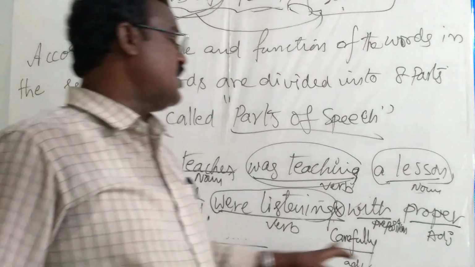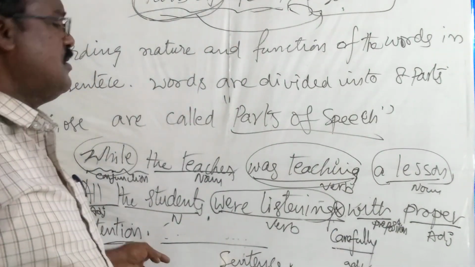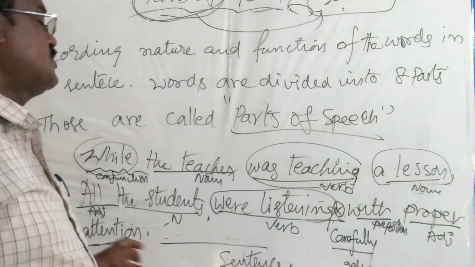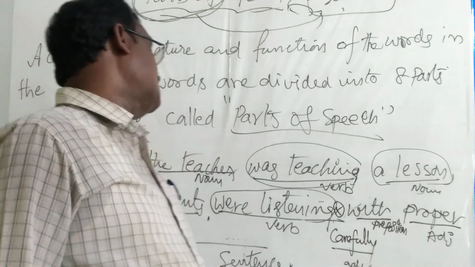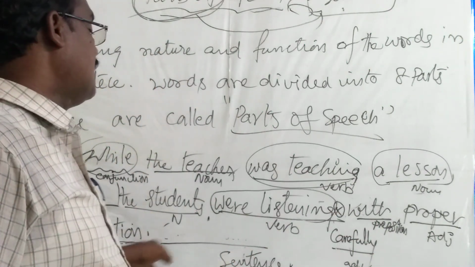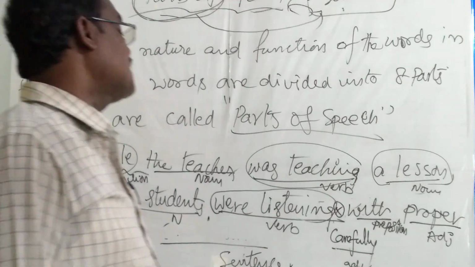This noun is qualified by an adjective. How much attention? How are they listening? Proper attention they are listening. So with is a preposition. How were they listening? Listening carefully, with proper attention.